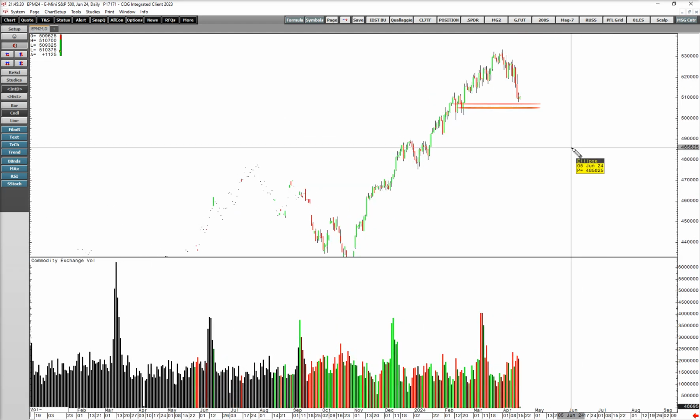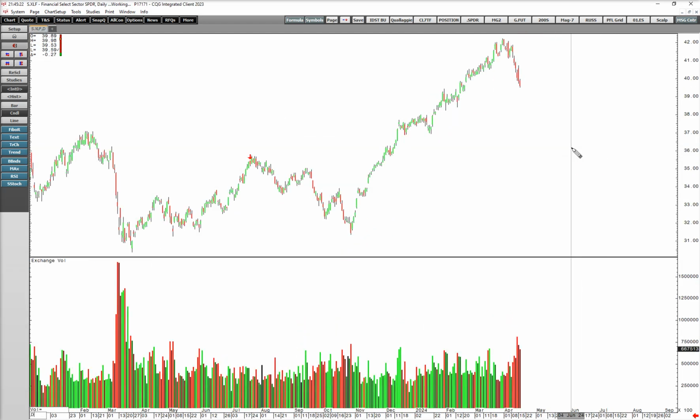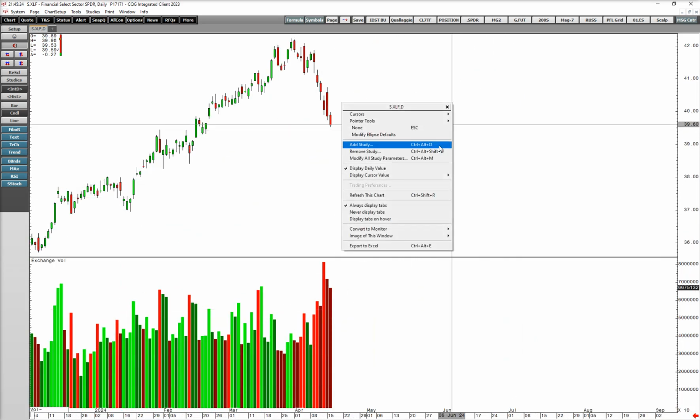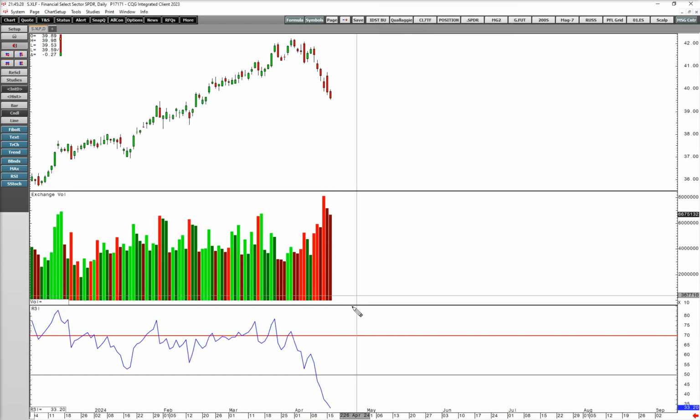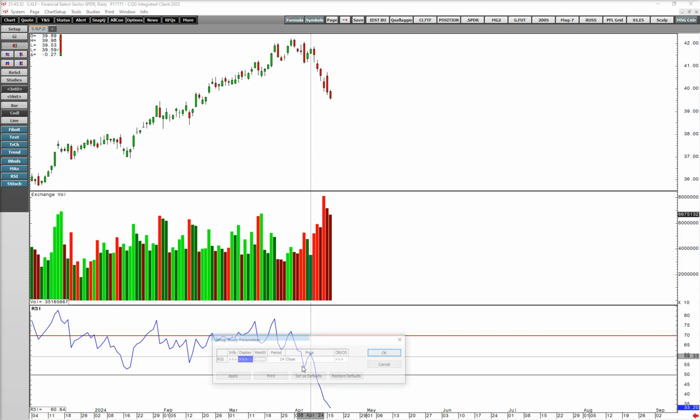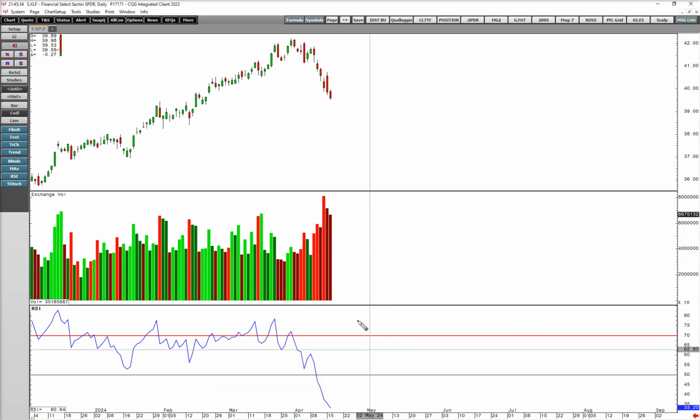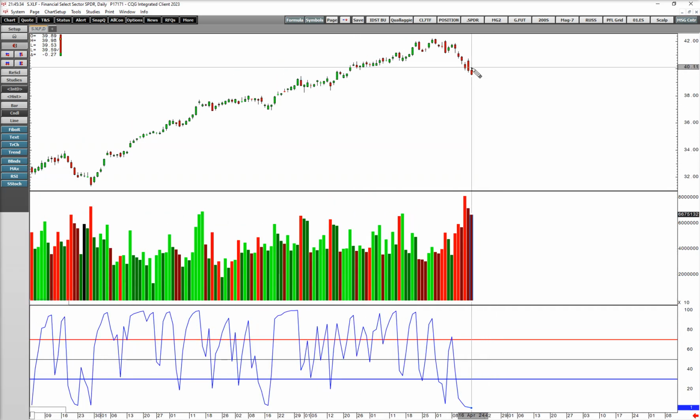And one measure of oversoldness is looking at the 2-period RSI. I was just noticing several of the sectors have spent a few days, in this case 3 days, with the 2-period RSI less than 5, and you also have gaps down.